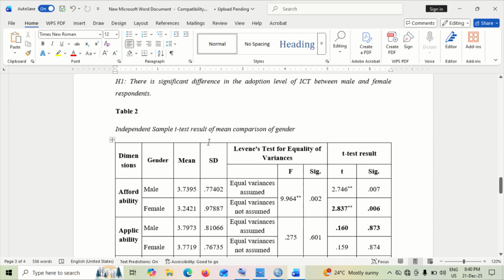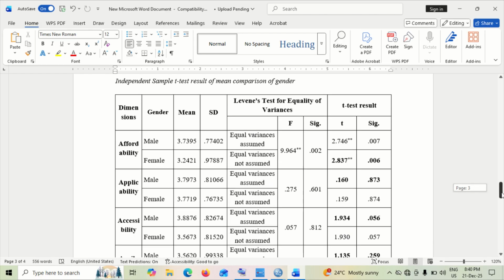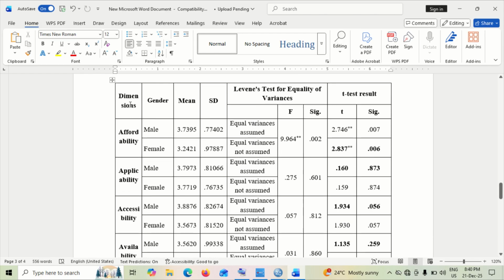The table heading is independent sample t-test result of mean comparison of gender. Here we can see the first column, that is dimensions or components of adoption level: gender, mean, standard deviation, Levene's test of equality of variance, that is F value and significance value, and the result of equal variance assumed or not assumed, and the t-test result that we have taken here, the t value and significance value.